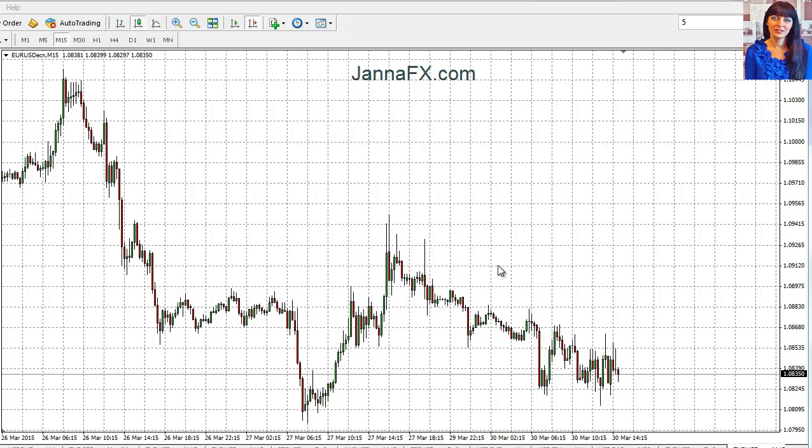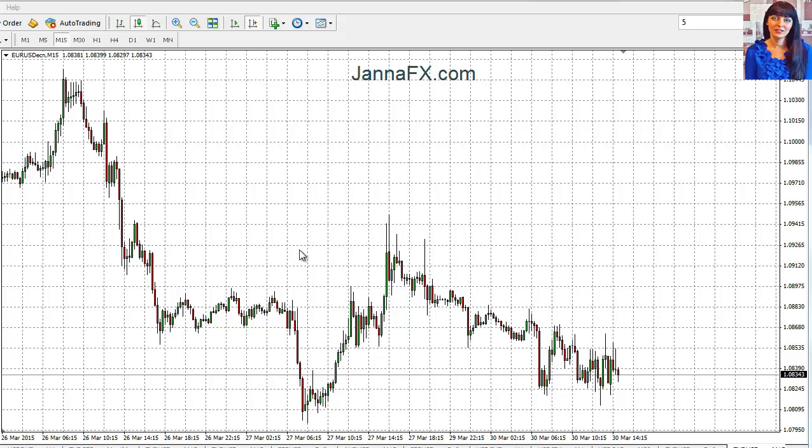Let's say right now you have your terminal. I'm using MT4 and I'm trading with Alpari. You can be with any other broker, you can have any other platform, so you can ask your broker what time is used.